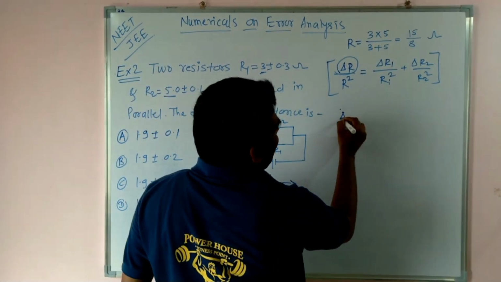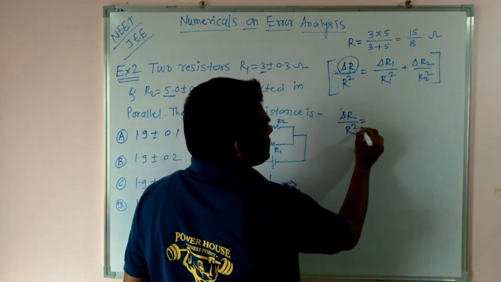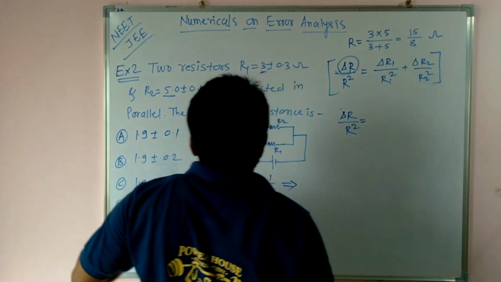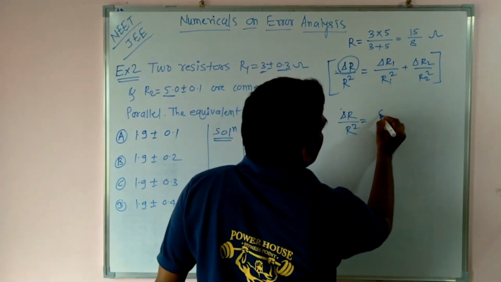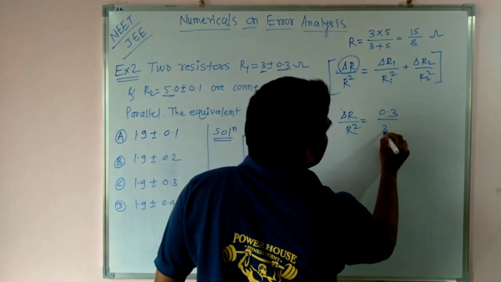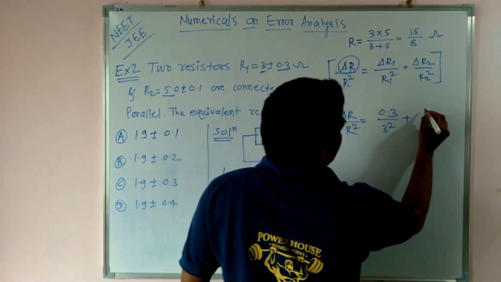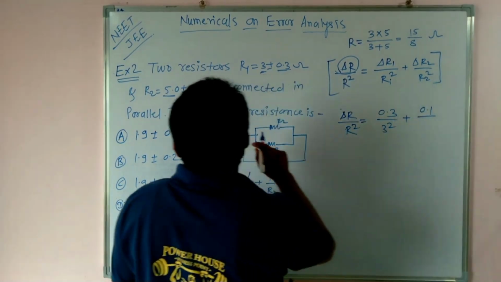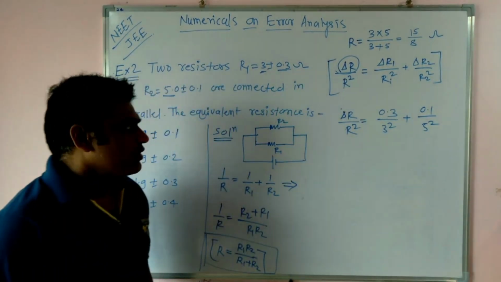So delta R by R square is equal to delta R1. Delta R1 is the error in this, 0.3, divided by R1 square, R1 is 3, plus delta R2, which is 0.1, divided by R2 square, R2 is 5.